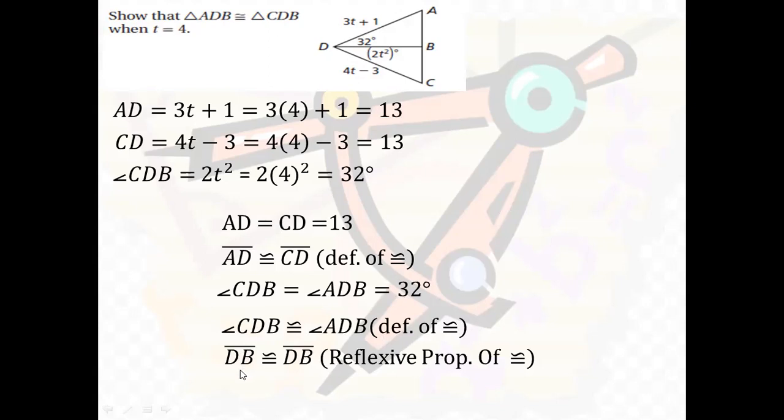The last proof is that DB, the common side, is equal to DB because of the reflexive property of congruence. So now we have two sides and an angle. So we are using SAS property here. So finally you could say, therefore triangle ADB is congruent to triangle CDB.